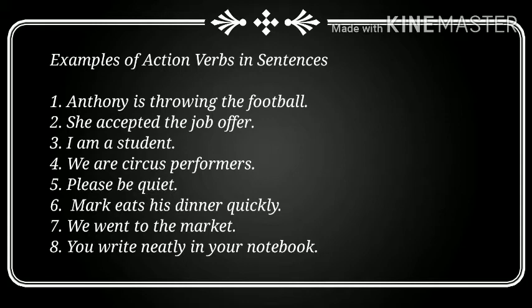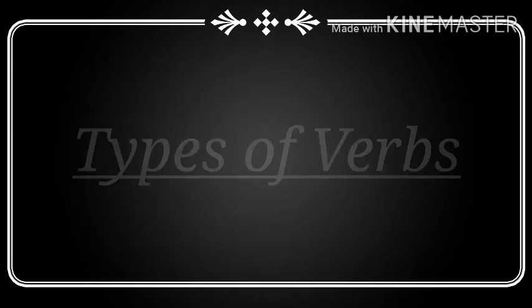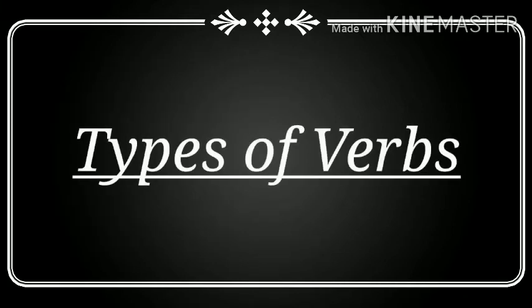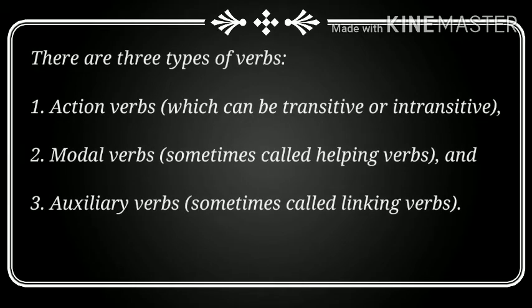Now next we will see how many types of verbs are there. There are 3 types of verbs. First is action verbs. Under this action verbs we can divide verb into 2 categories.